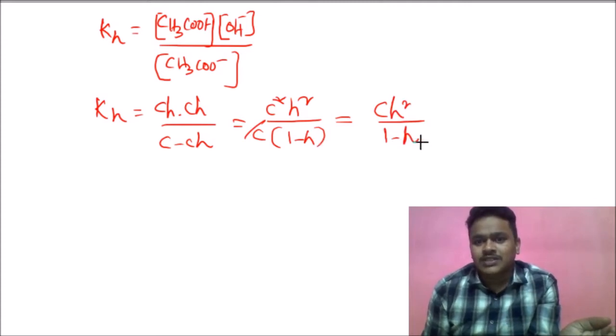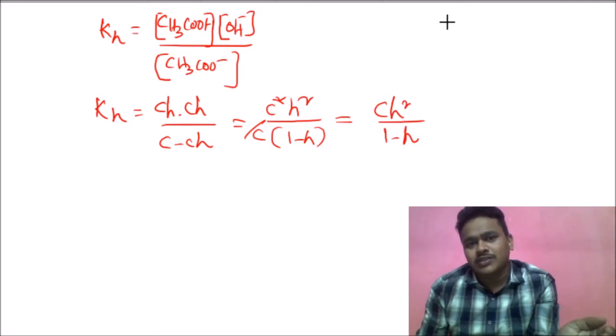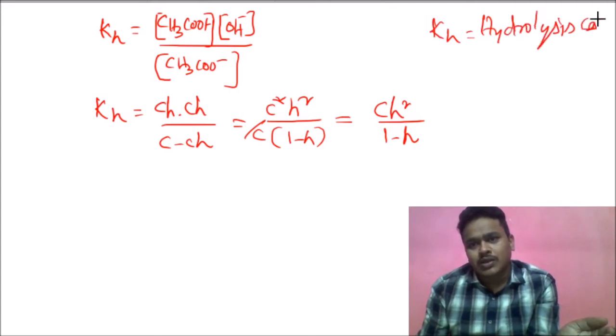This h is the degree of hydrolysis. Kh is the hydrolysis constant. This h is called the degree of hydrolysis.